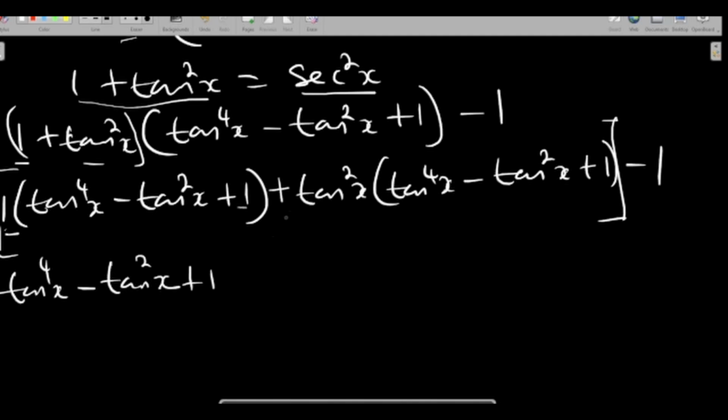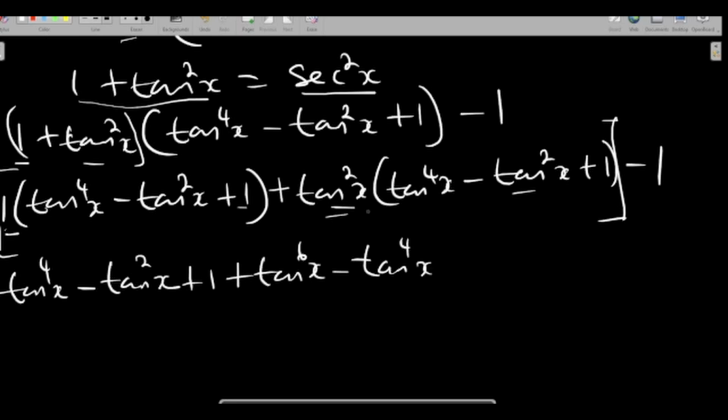The next bracket, we have tan squared x times tan to the power of 4x will give you plus tan 6x. Then tan squared x multiplied by minus tan squared x, you have minus tan to the power of 4x.